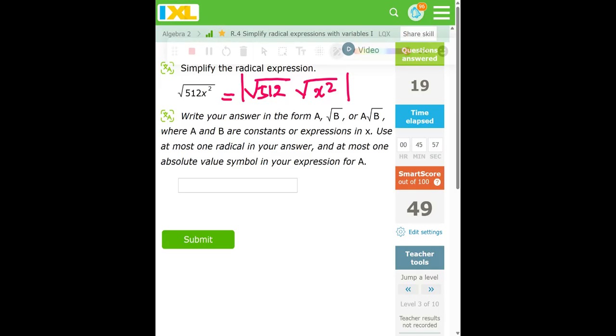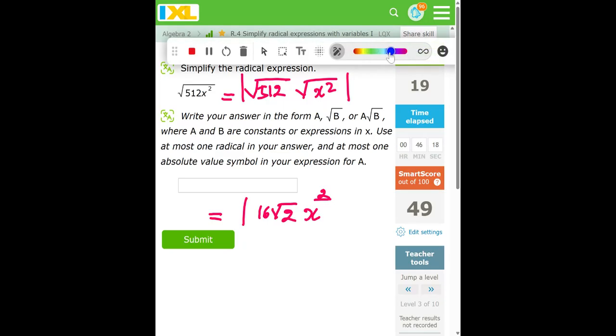Okay, so now you know. I would put it in a corner of my paper. So now I put right here the answer is equal to the absolute value of 16 square root of 2, and then square root of x squared, that's x to the power 2 divided by 2.